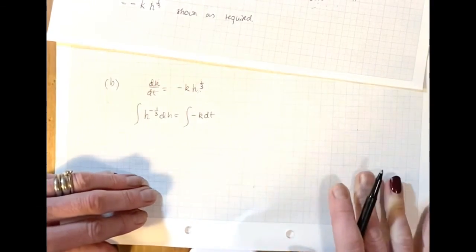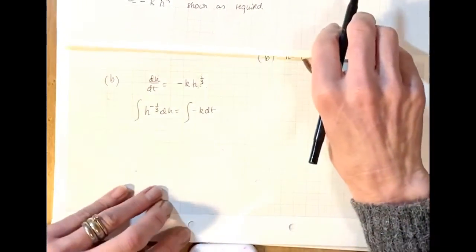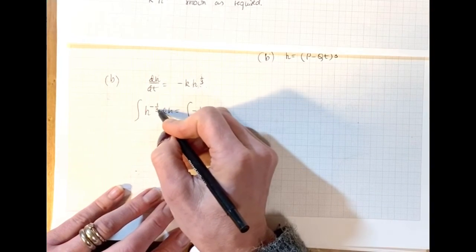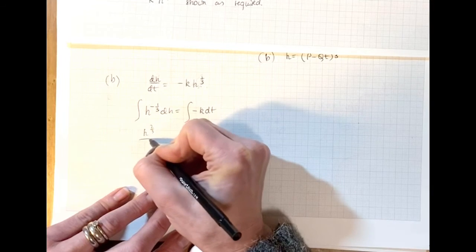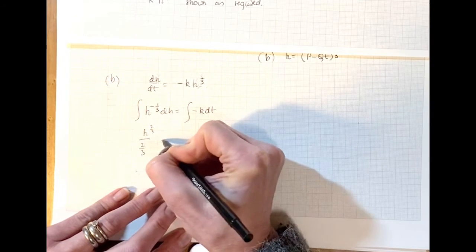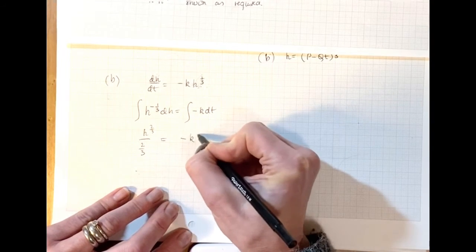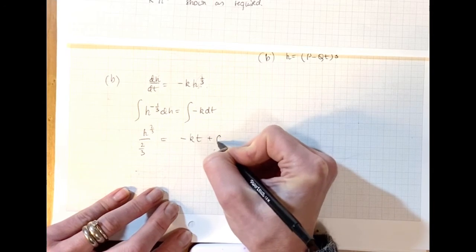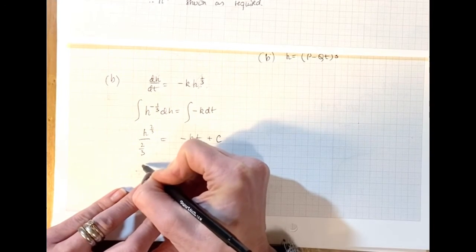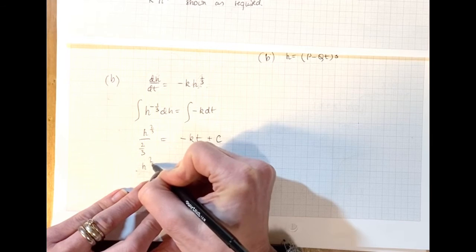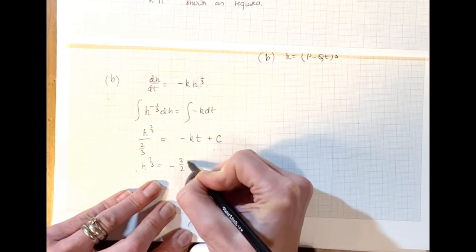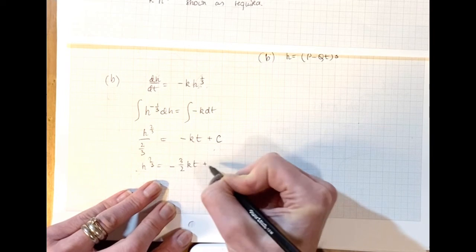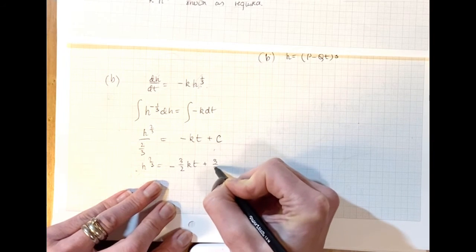Give it an integral symbol and let's integrate it. So add 1 to the power, divide by that power, gives me h to the power of 2/3 over 2/3. And this one is minus kt plus some constant c. So h to the power of 2/3 is equal to minus 3 over 2 kt plus 3 over 2 c.